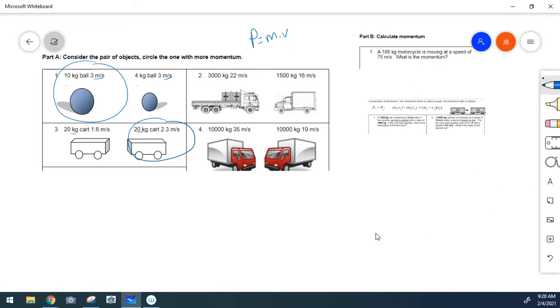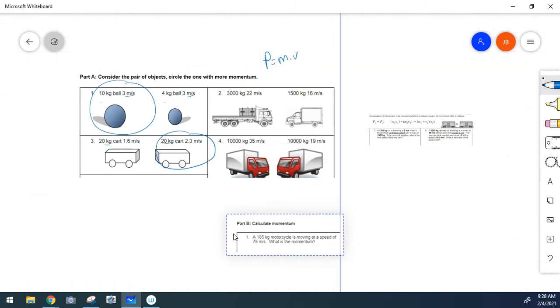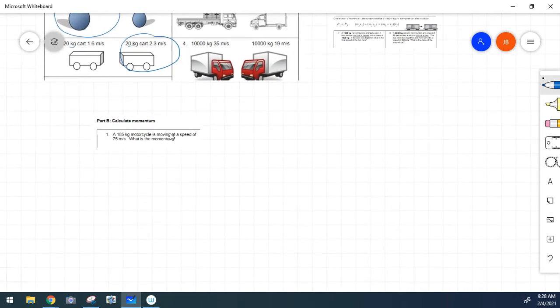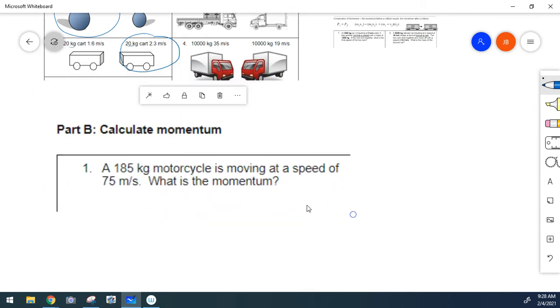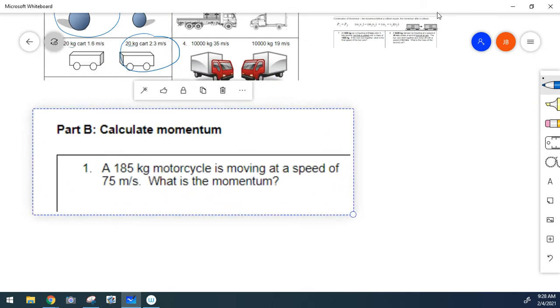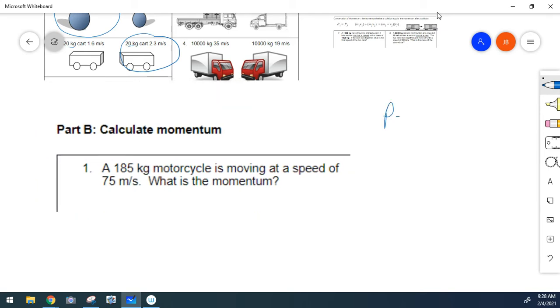Okay, and then for the second part of the worksheet for today, or the practice problems, we're just going to be calculating straight up momentum. So in this case, we're going to be using this momentum equals mass times velocity. So this is the mass here and the velocity here.